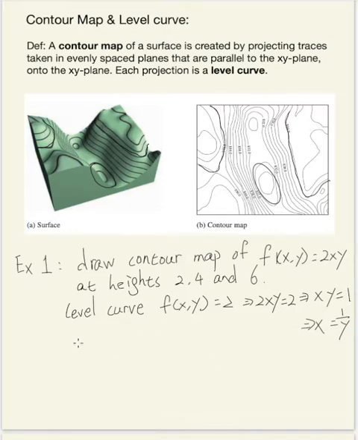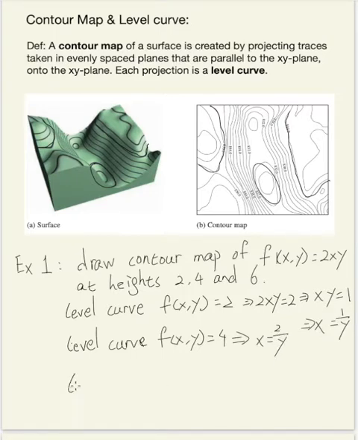And similarly, if you look at level curve f of xy equals 4, you get 2xy equals 4, therefore xy equals 2, and x equals 2 over y.